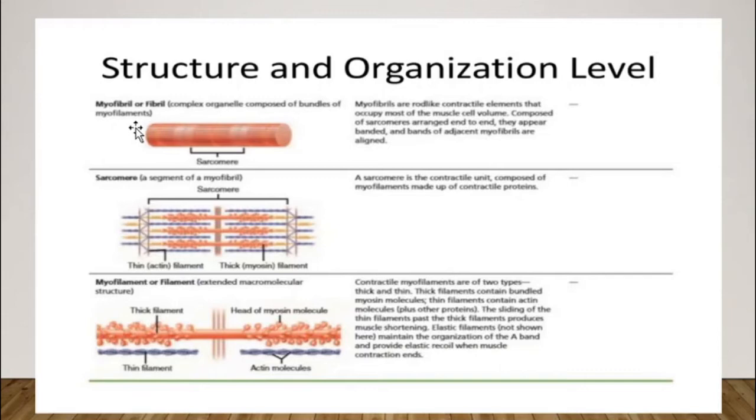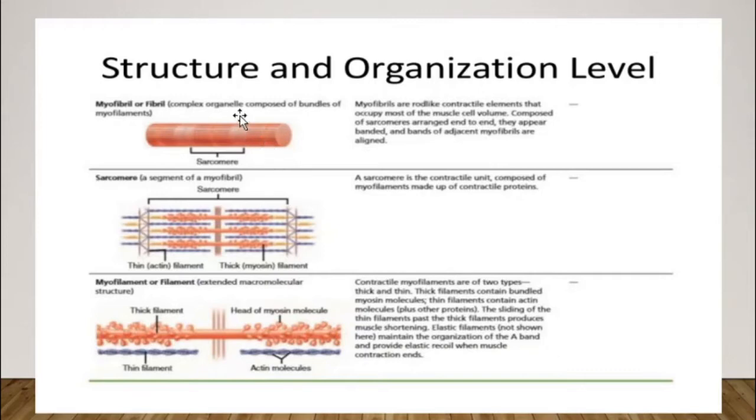So myofibrils are rod-like contractile elements that occupy most of the muscle cell volume, composed of sarcomeres arranged end to end. So this is one set of sarcomeres attached end to end. They appear banded, and bands of adjacent myofibrils are aligned.